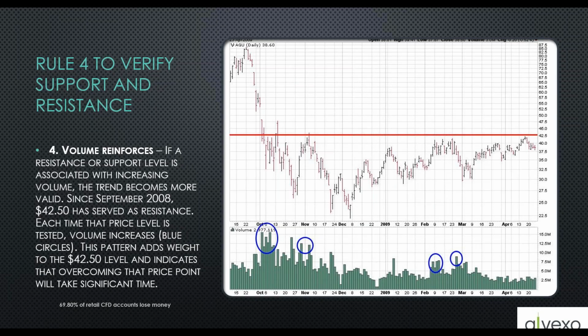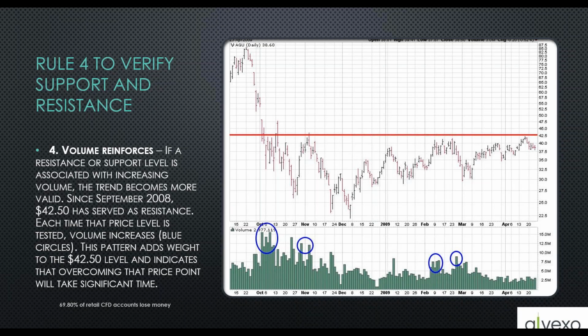Now, an old saying about support and resistance is volume reinforces. Okay. Volume is a tricky thing because in today's charts, we show volume on Forex trades, we show volume on all CFD trades, but the only place that we have real volume is from the stock market or from the commodities exchange.